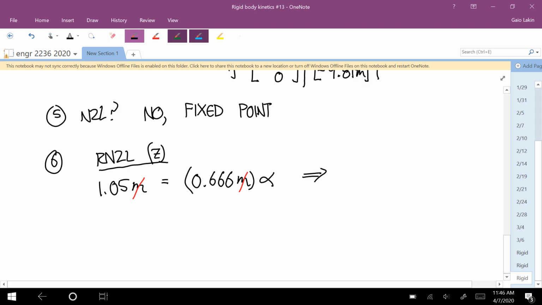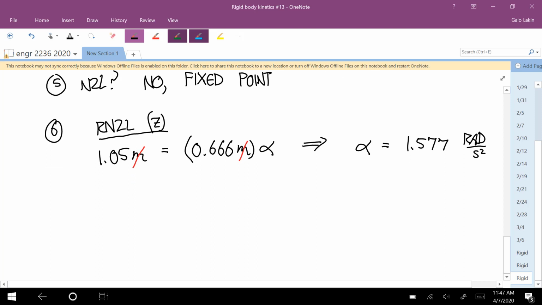So alpha, the z component of the angular acceleration vector, is 1.577 radians per second squared. All right, well, that was what we wanted.